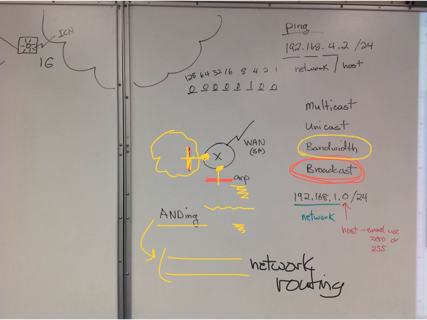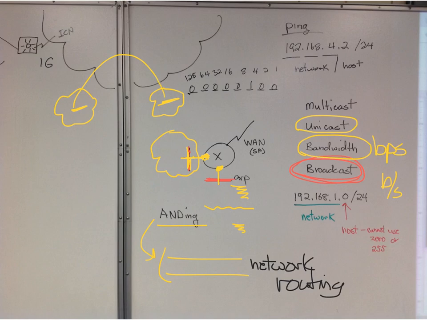Bandwidth is bits, how many bits per second, sometimes written like this, bits per second. A unicast is a good example of how the web works. If you're contacting a web server from this location, that's a unicast.